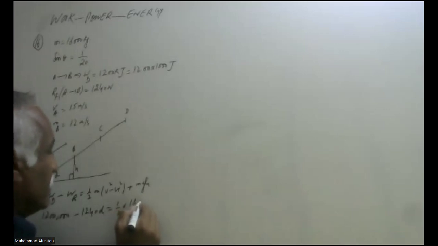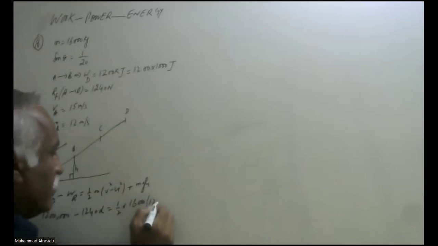The resistance force from A to B is 1240 newtons, so it is written as 1240 and the distance A to B is d, because force into distance is the work done. That should be equal to half the mass of the lorry, 16,000, into v squared minus u squared.